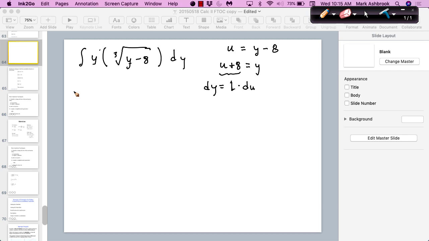Now we're ready to set it up. So we said y was u plus 8 times cube root of just u now. dy equals... in this case, dy is du, but that's not always the case. You have to chase it out. But in this case, dy is equal to du. Okay, did it help? Can we do something with this?